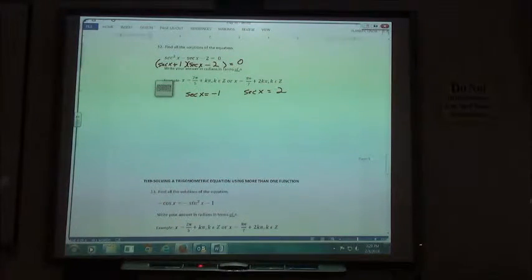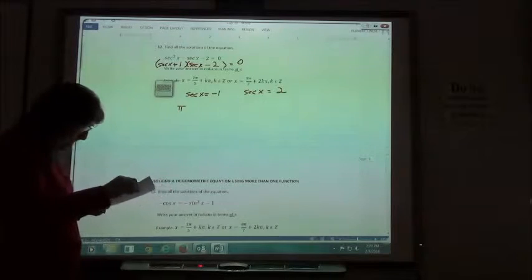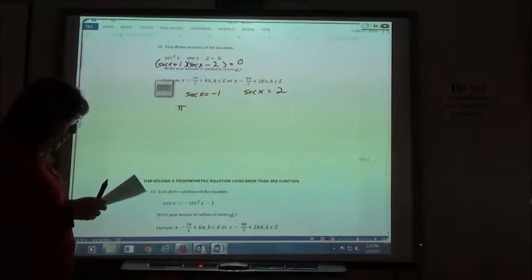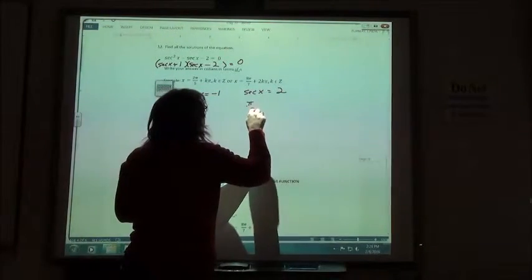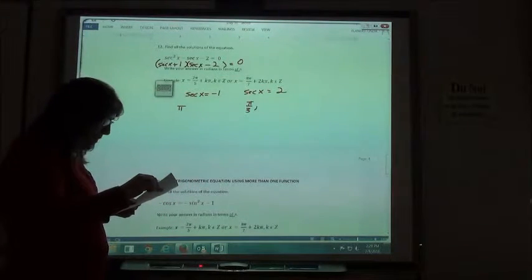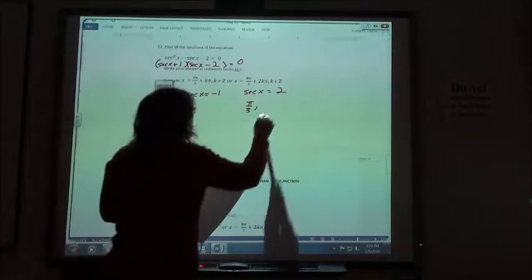So looking under my secant column for negative 1, at pi, and that's my only answer there. Secant of x equals 2 at pi over 3, secant of x equals positive 2 at 5 pi over 3.